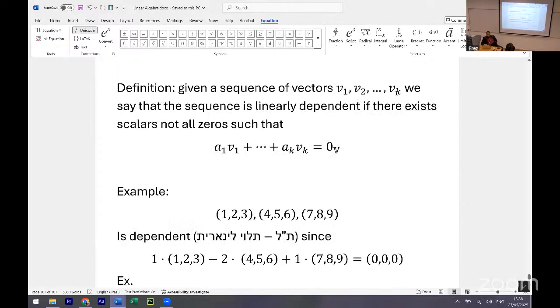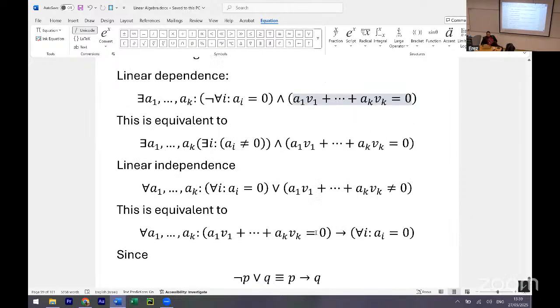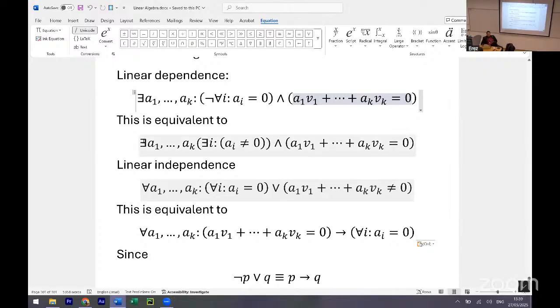Technically there aren't two predicates. Given a sequence of vectors, we say that the sequence is linearly dependent if there exist scalars, not all of them zero, such that the combination is zero. So technically there's one quantifier and two statements. A lot of the time it's about how we say it, because instead of saying not all, we could say exists.